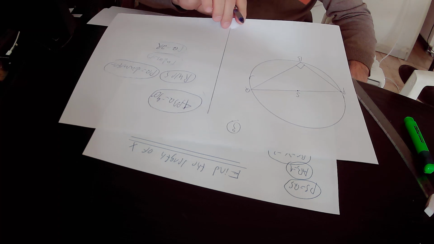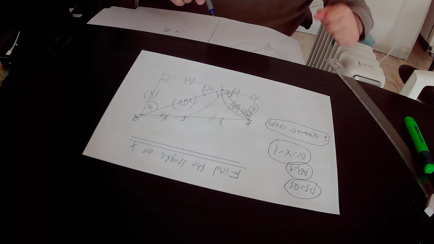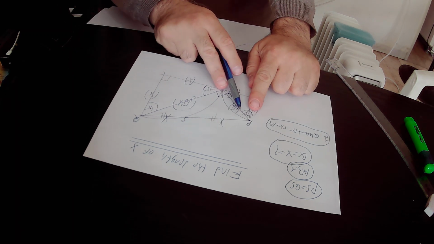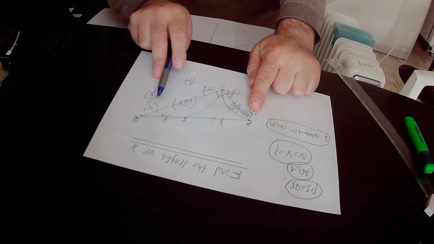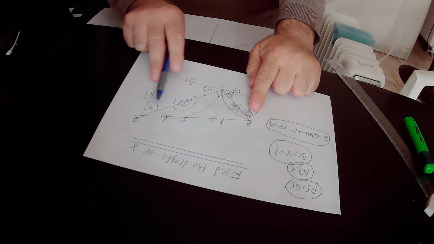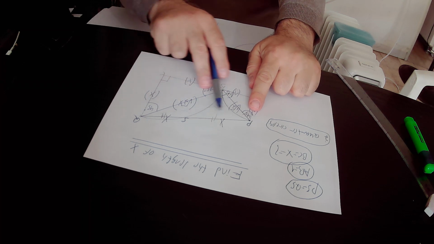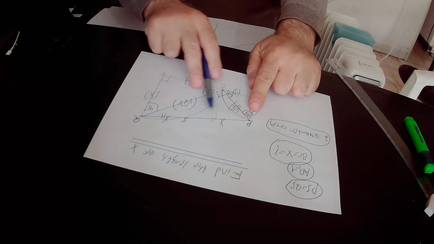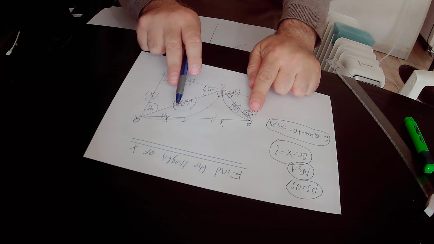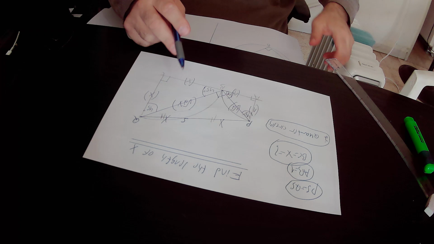So what is the length of line segment PQ? PQ equals PS plus SQ. That is to say PQ equals PS, that is X, plus SQ, that is also X. So in total, PQ equals X plus X, that is 2X.